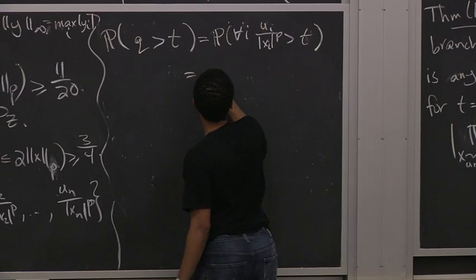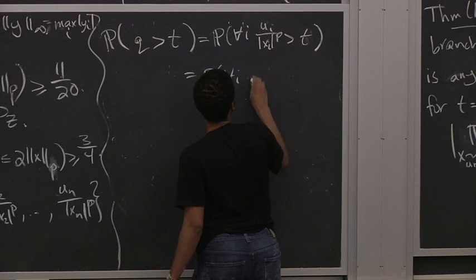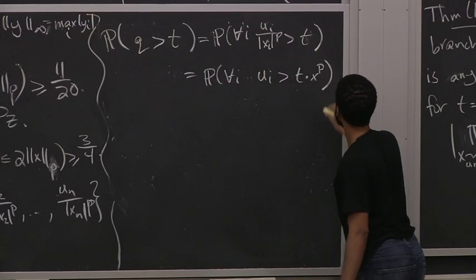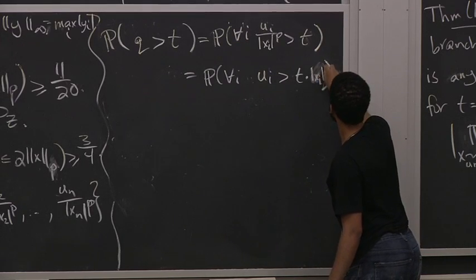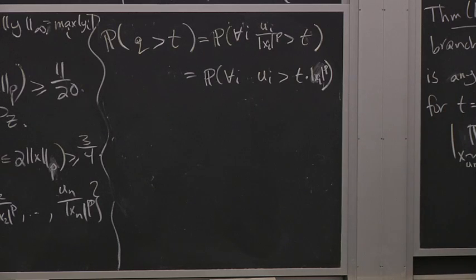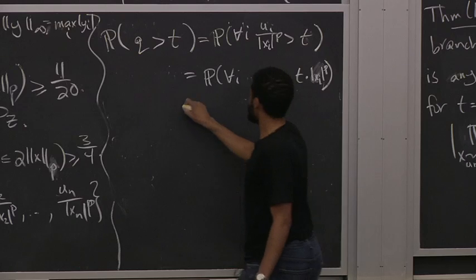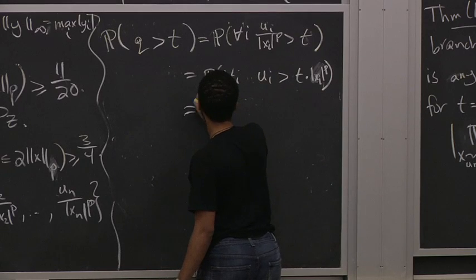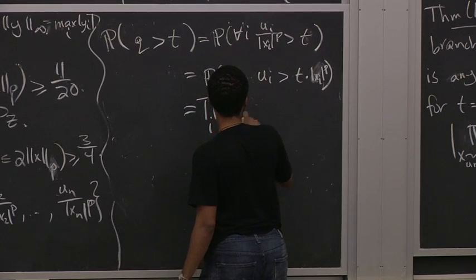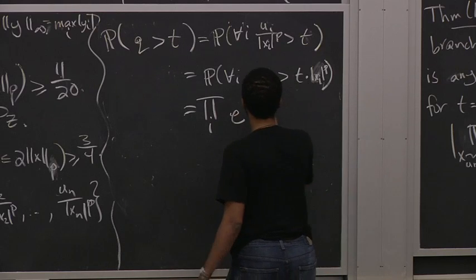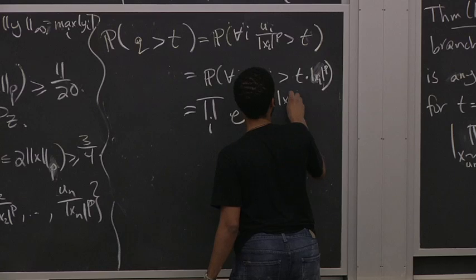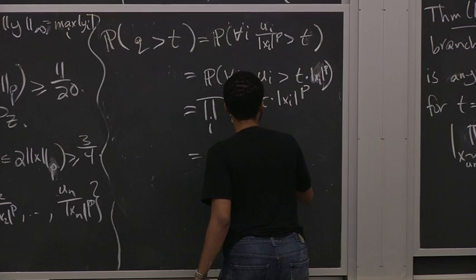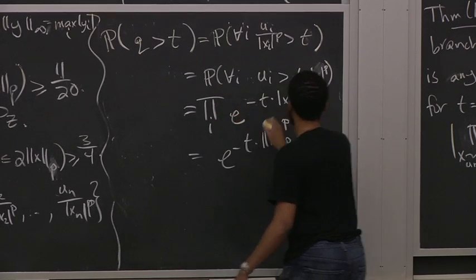Which is the same as the probability that for all i, ui is bigger than t times xi to the p, right? Which is, these ui's are independent exponential random variables. This is equal to the product over i of e to the minus t times xi to the p, which is equal to e to the minus t times the Lp norm of x to the p.